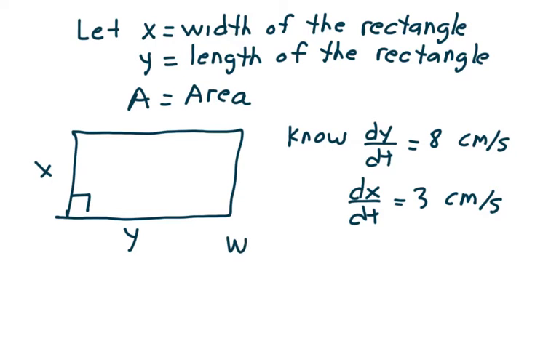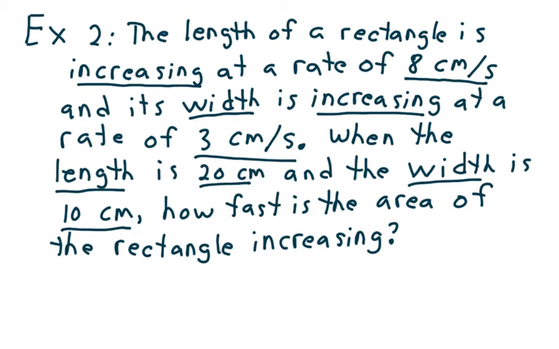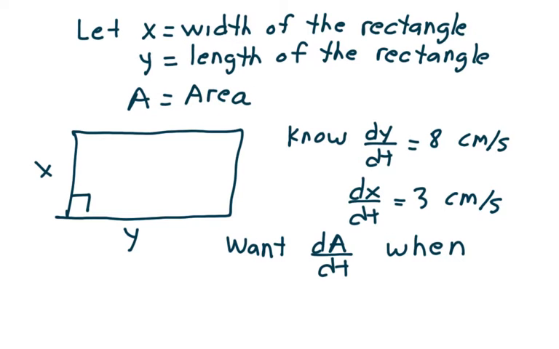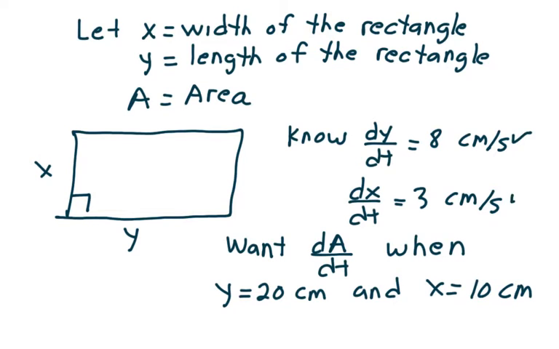Now, we want dA/dt when the width is 10 centimeters and the length is 20, so when y equals 20 centimeters and x is 10 centimeters. This is what we know, and this is what we want.